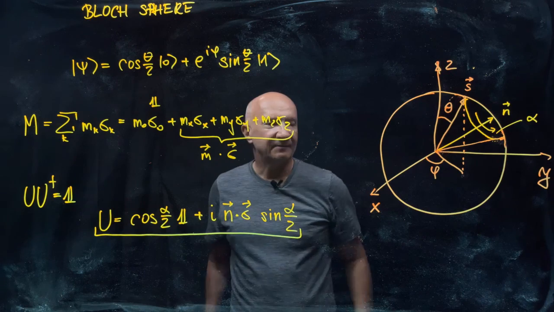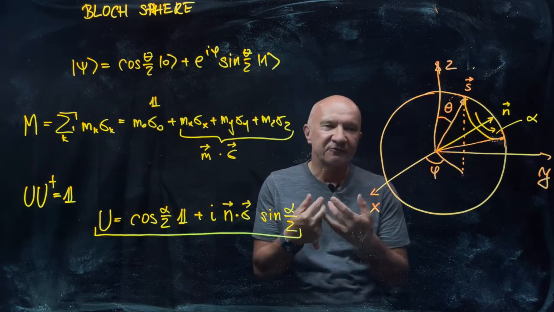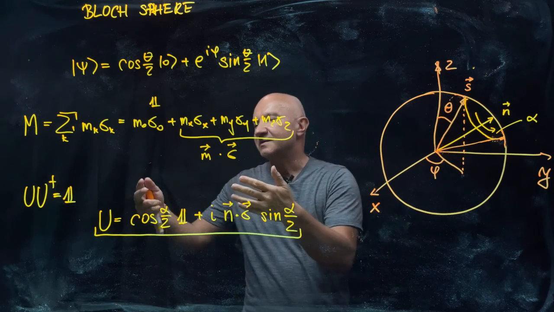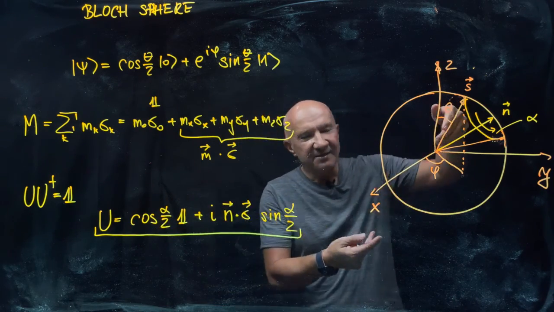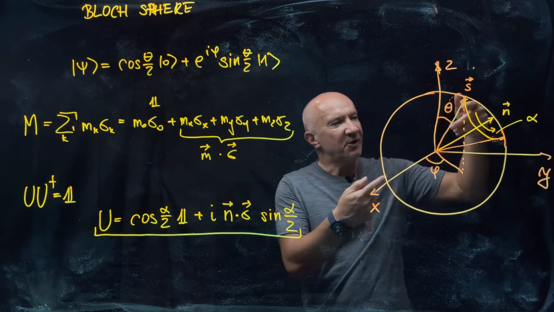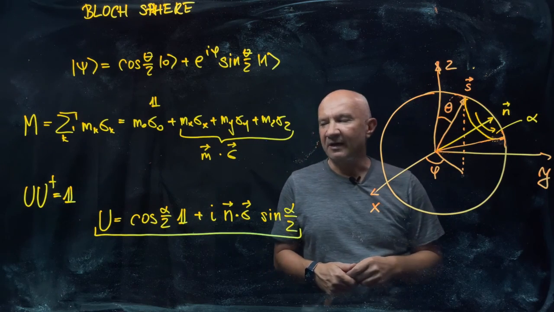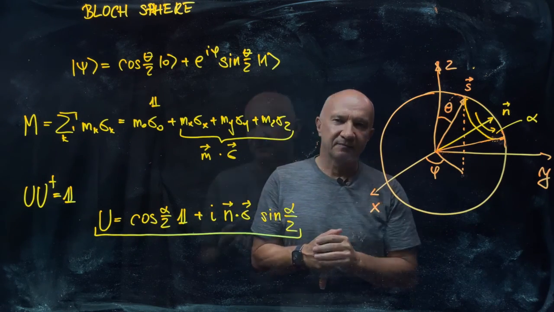Now, alpha has the meaning of an angle of rotation. So what this unitary operator does is rotate the whole Bloch sphere by angle alpha about the axis that is specified by the unit vector n.